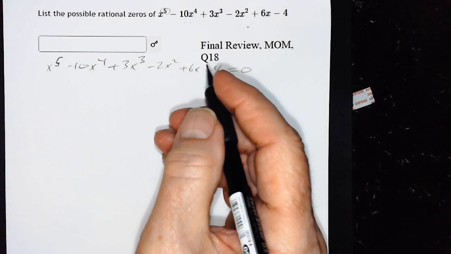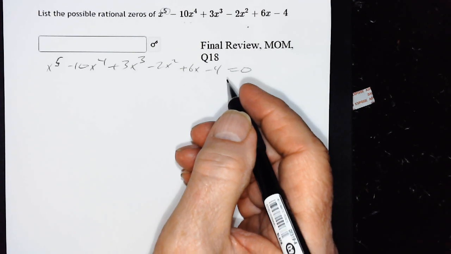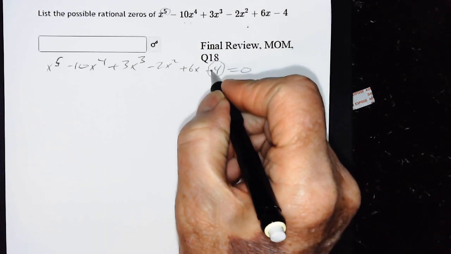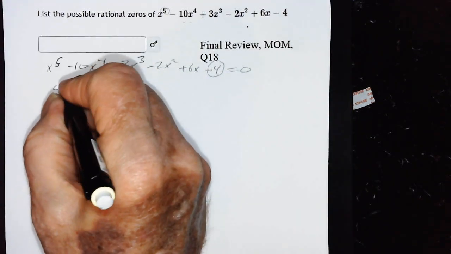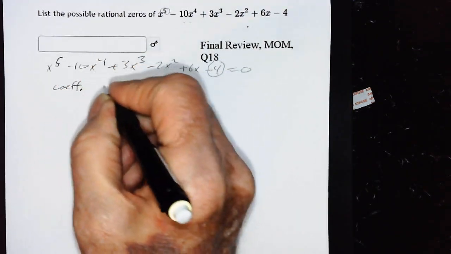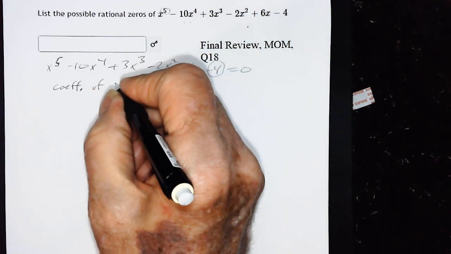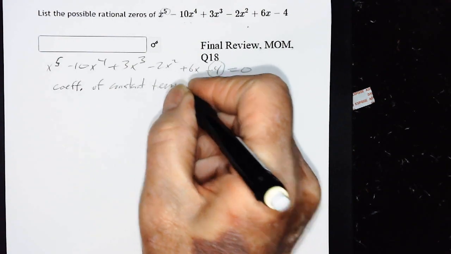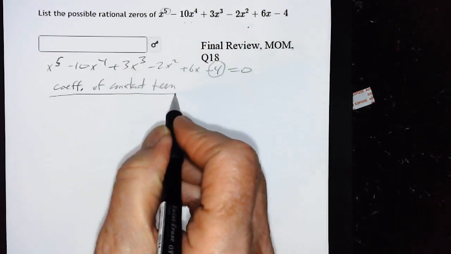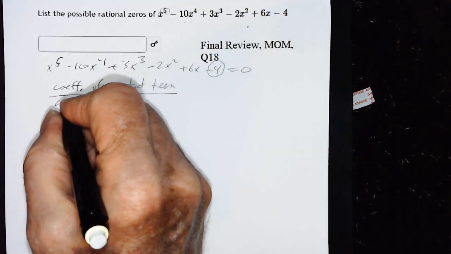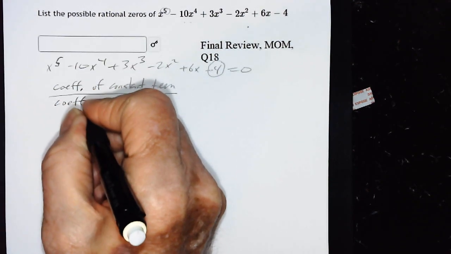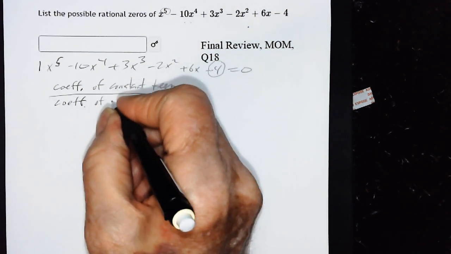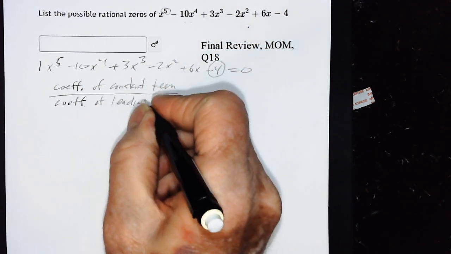But the way we find the possible rational zeros, you take the constant term, the coefficient, I'll just abbreviate coefficient, of the constant term, and we divide it by the coefficient, which by the way is 1, of the leading term.